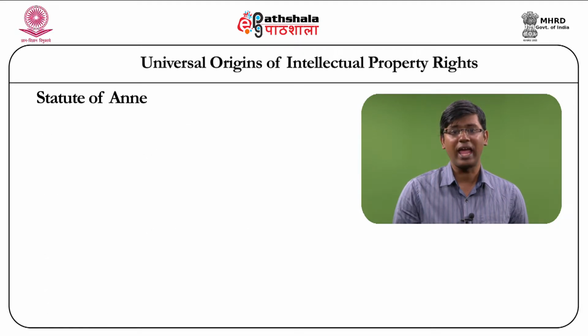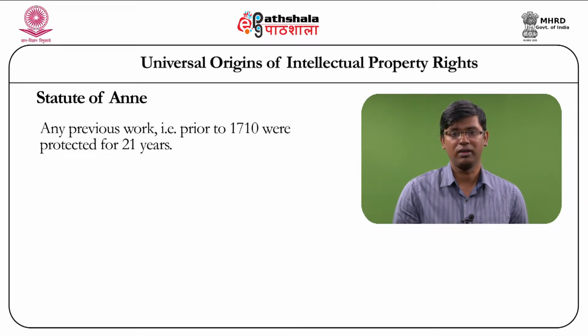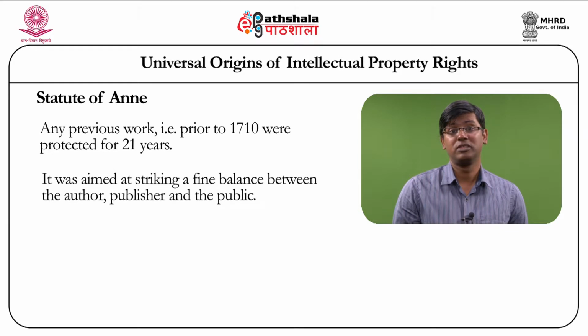Subsequently, any previous work, that is, any work written prior to 1710, before the Statute of Anne came into force, was also protected for a period of 21 years. So the Statute of Anne was largely aimed at striking a fine balance between the author, publisher, and the public.